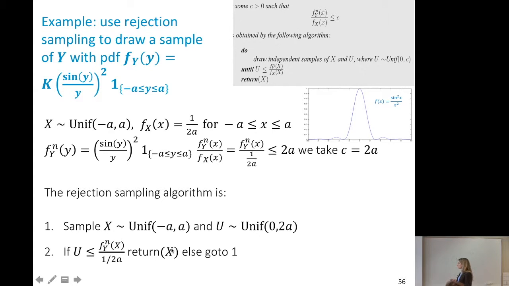And then if u is less or equal than fYn of x over 1 over 2a, evaluated at this sample, then we return x. Otherwise, we repeat the process. So this is just an application of the theorem. Any questions here?